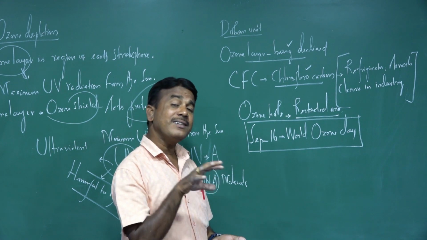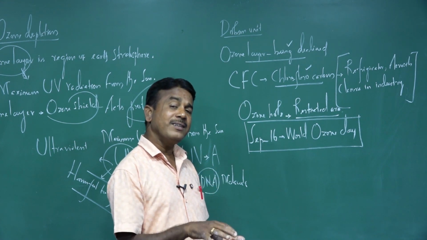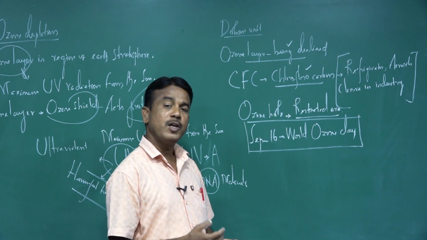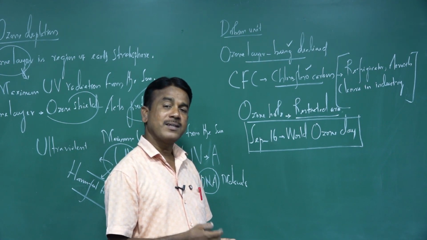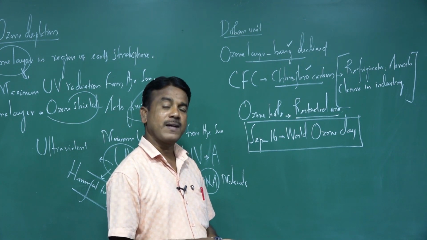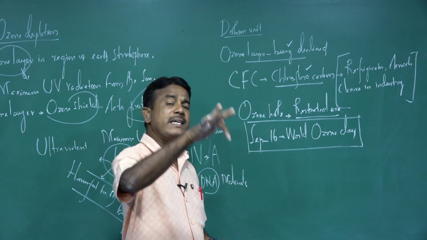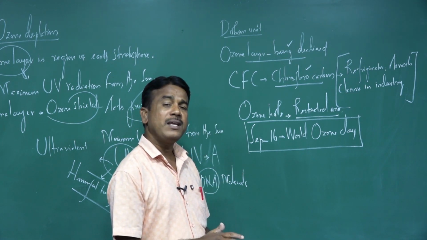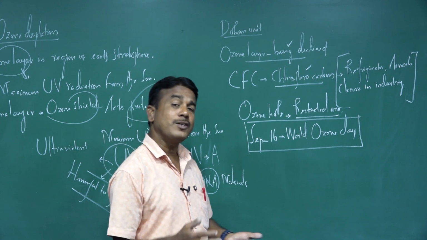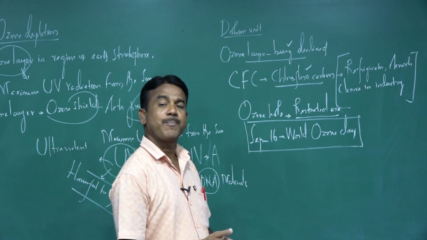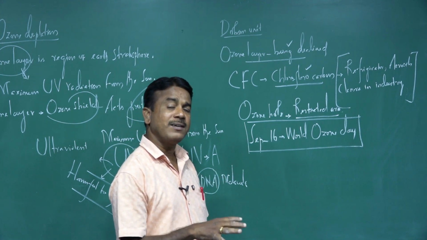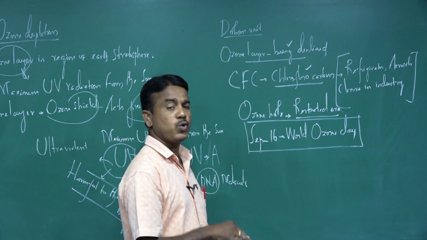When they enter the earth, because the earth contains so many kinds of living organisms, namely human beings, plants, animals, insects and pests, due to the penetration of UV rays, many hazardous or dangerous phenomena can happen.